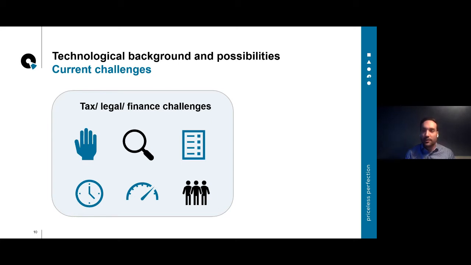Companies want more insight and oversight in their data. Which data has been reported, which reports have been submitted to the tax authorities. So there's more and more need for dashboarding and more oversight of the process.